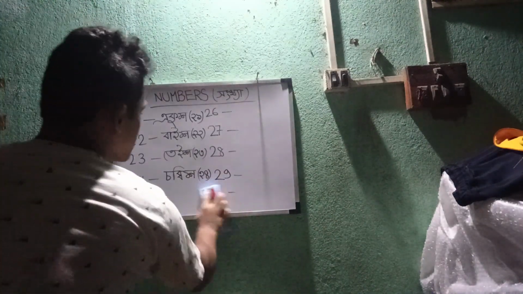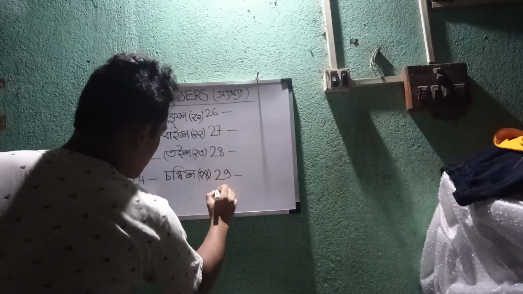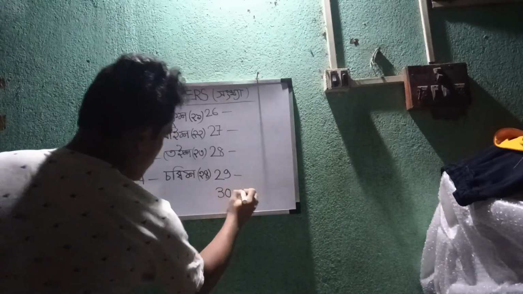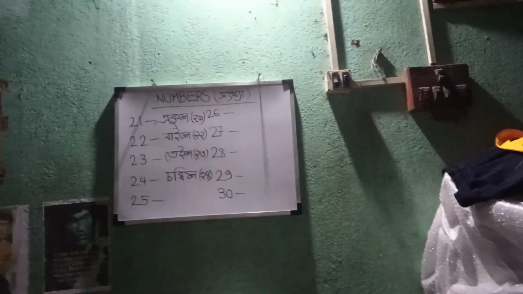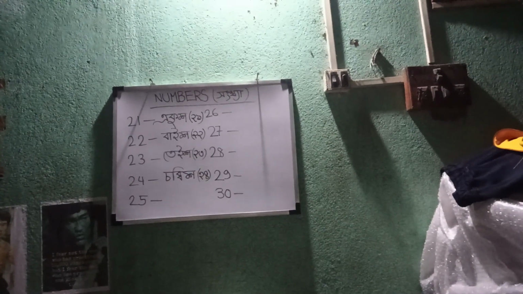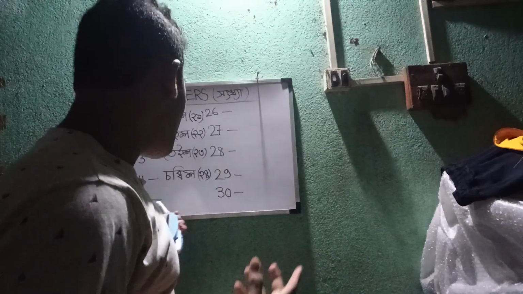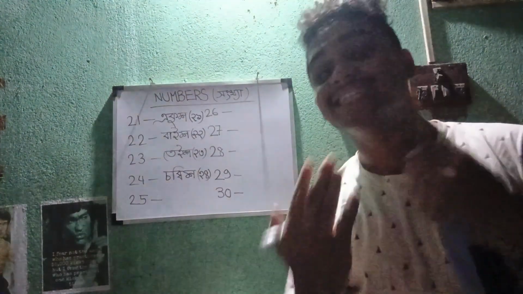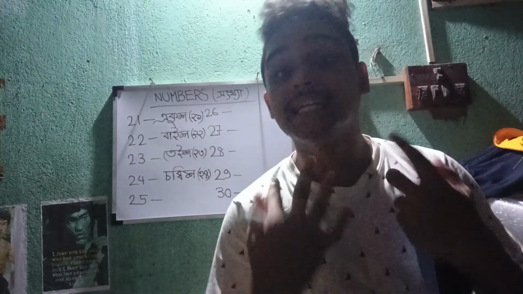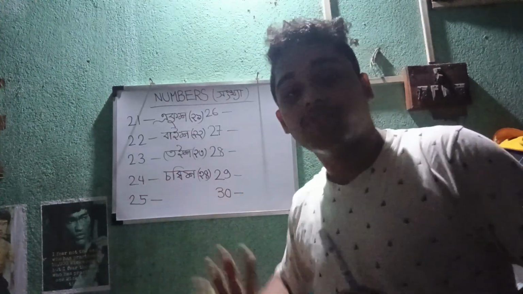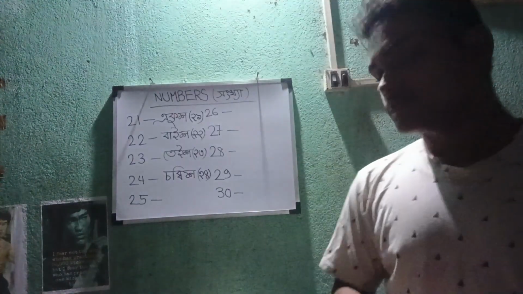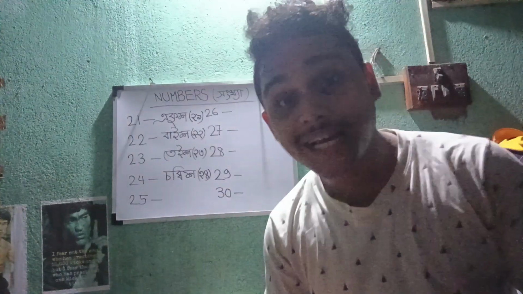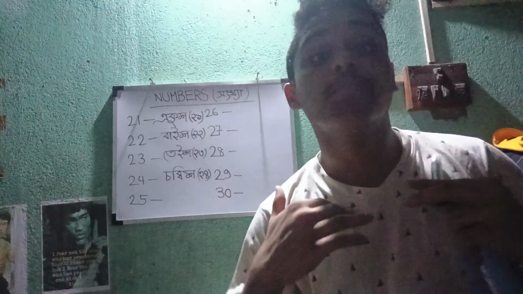After chobbish we have 25, which means pochish. 24 means chobbish, 25 means pochish.